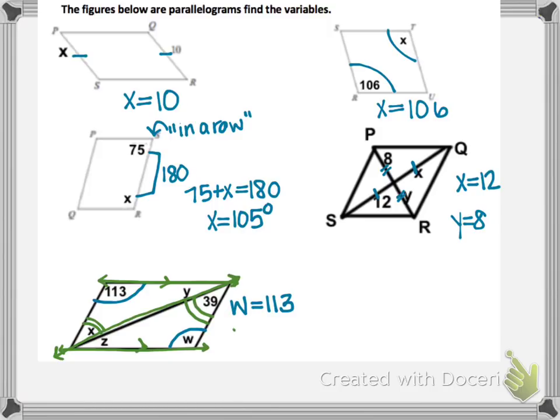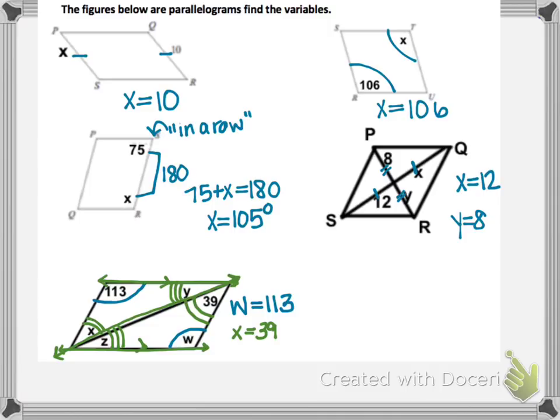So I know x is going to be equal to 39. And what I also can see is that y is going to be congruent to z. But I first need to figure out what that's going to be.